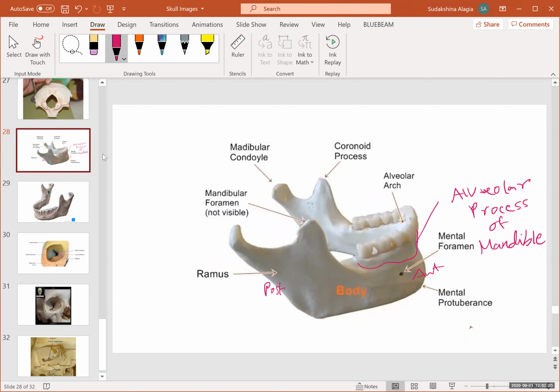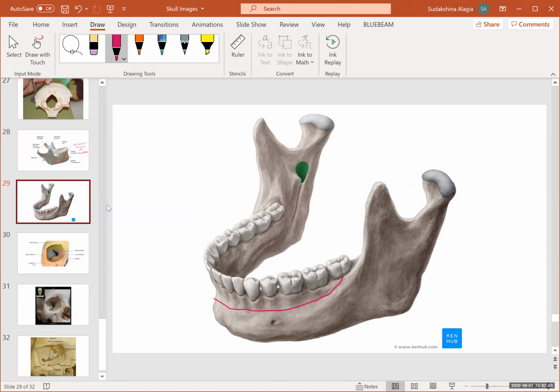Actually, let's ignore this. This is for your reference. And let me just go over the structures here. What's left if you remove the alveolar process from this is the anterior aspect. That's the posterior aspect.